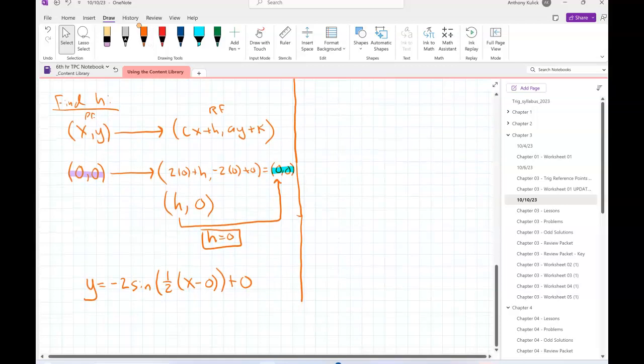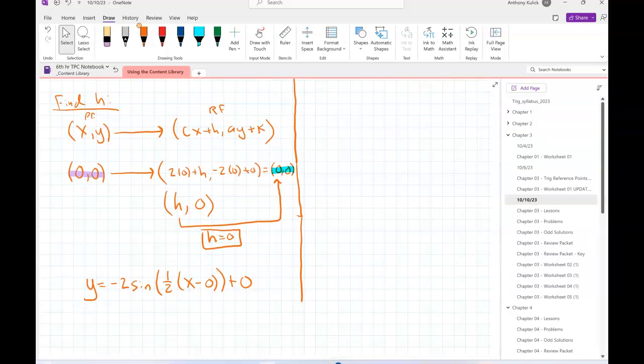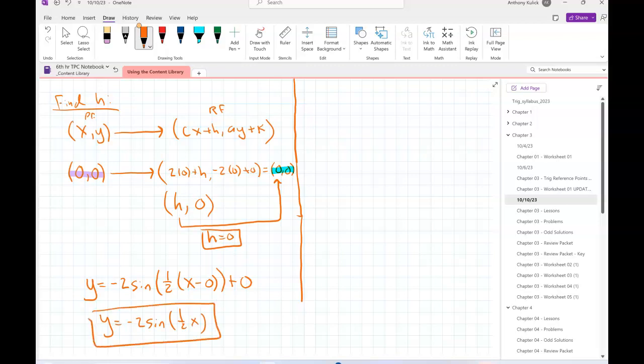I have y equals a times sine of 1 over c times x minus h plus k. So I just plugged in my values. And if I want to simplify that down, I just end up with y equals -2 sine of 1/2 x.